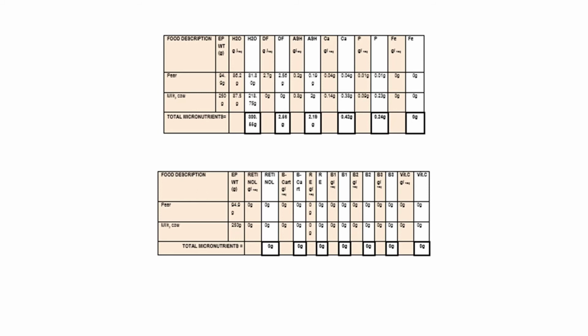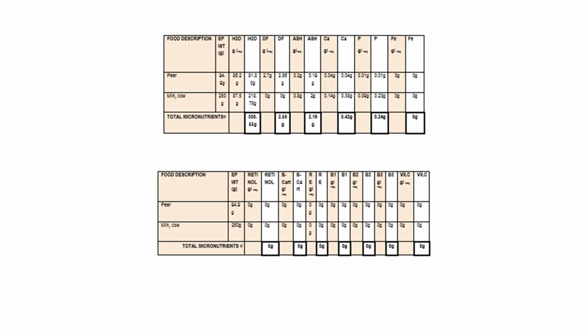The total grams of dietary fiber for pear is 2.7 grams, while for cow's milk is none. The edible portion of the dietary fiber for pears is 2.56 grams, while for cow's milk is none, making a total micronutrients of the dietary fiber of 2.56 grams.